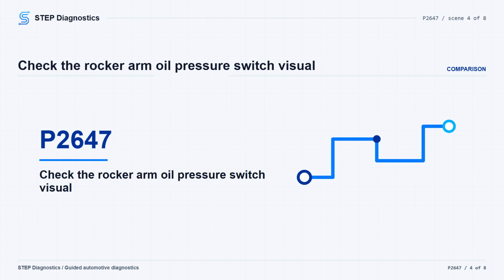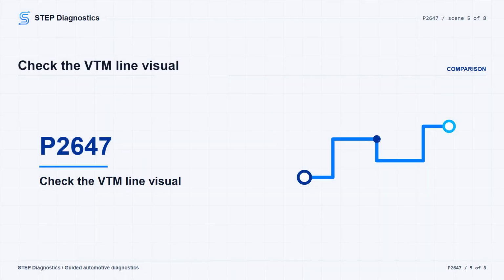Then verify the repair. For the VTM line check, keep the ignition OFF. Keep the rocker arm oil pressure switch connector disconnected. Jump the SCS line with the HDS and disconnect PCM connector B, the 51P connector. Check continuity on the VTM circuit between rocker arm oil pressure switch 2P connector No. 2, the BLU/BLK wire, and PCM connector B No. 21, also BLU/BLK.